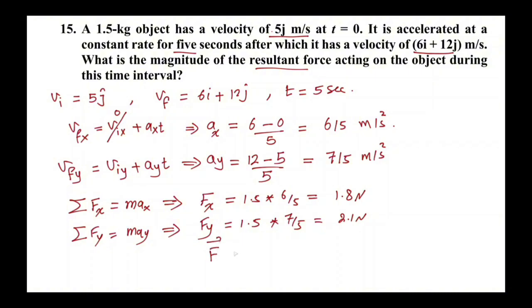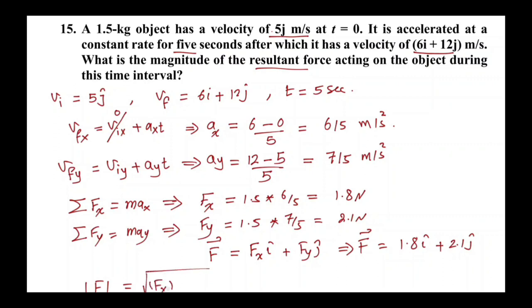F as a vector equal to fx i plus fy j, or F equal to 1.8 i hat plus 2.1 j hat. The magnitude for F is equal to square root of fx square plus fy square. You calculate this one here, you will find the magnitude for F equal to 2.8 newtons.